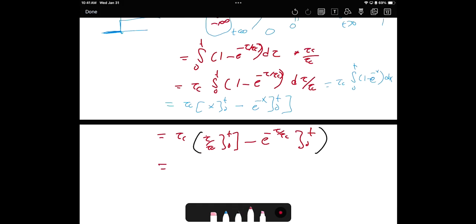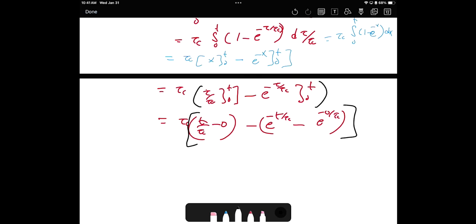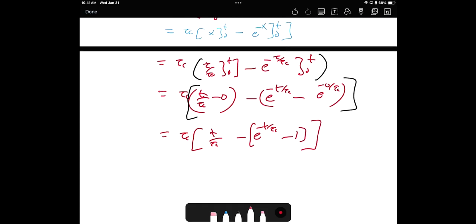This will be tau c times t over tau c minus 0, then e power negative t over tau c minus e power 0 over tau c, between brackets. So as a result, this will make tau c times t over tau c minus e power negative t over tau c minus 1. Let's multiply by tau c.